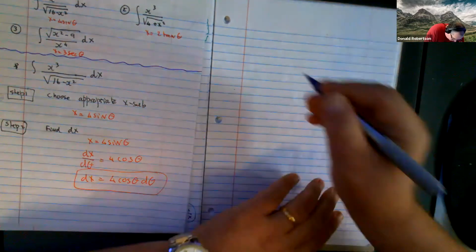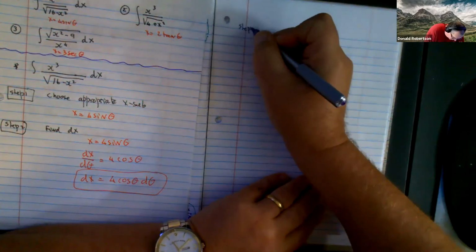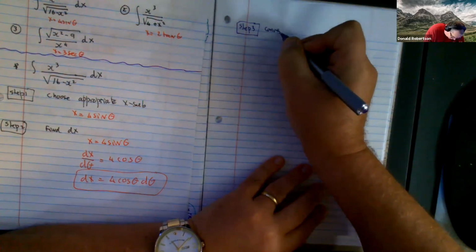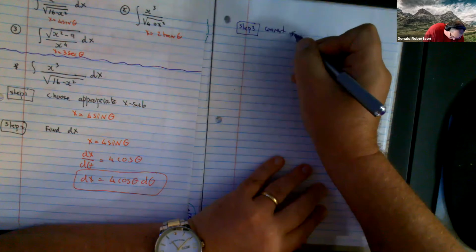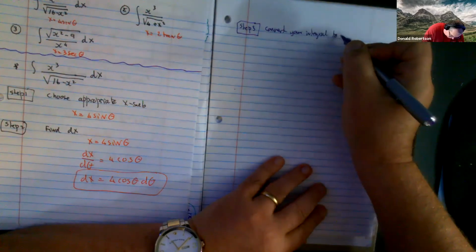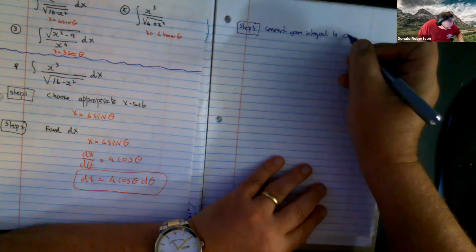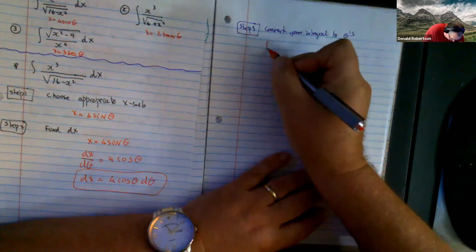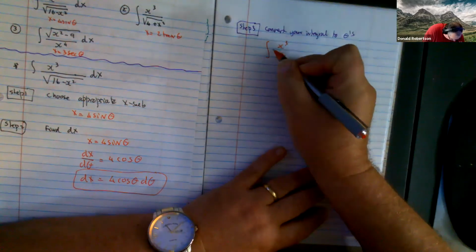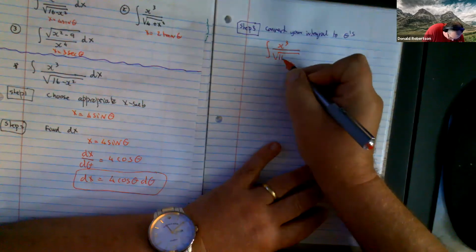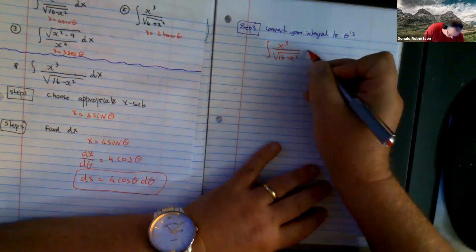Step 3, convert your integral to thetas. So let's see what that looks like. I have the integral of x cubed over the square root of 16 take away x squared dx. Right?